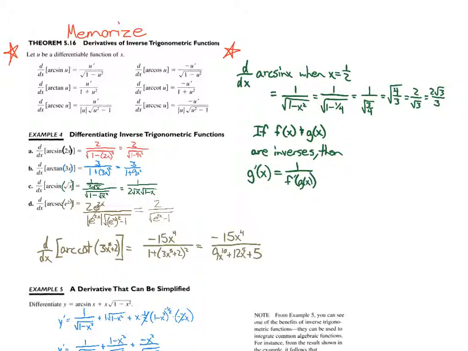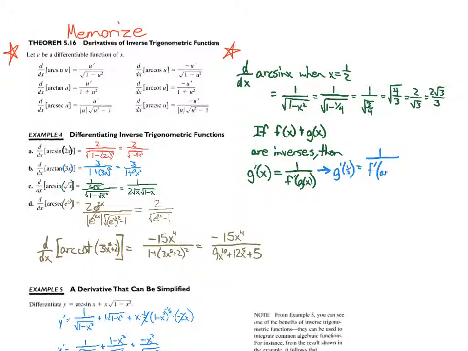Okay? But let's use this inverse property here. If I wanted to find this same thing, g prime of a half, then I would be getting 1 over f prime of g of x.